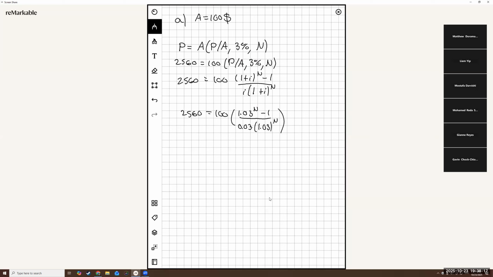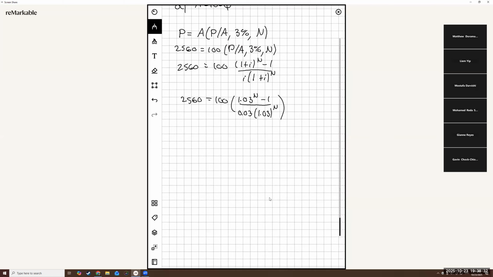Now, you may be thinking, well, how do we solve for n here? This is a crazy form. This is a crazy amount of math involved here just to solve for n. And I'm not even sure I know how to do it. So how do we solve for n?